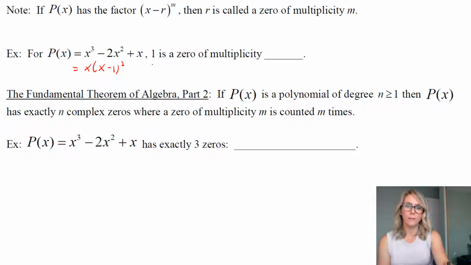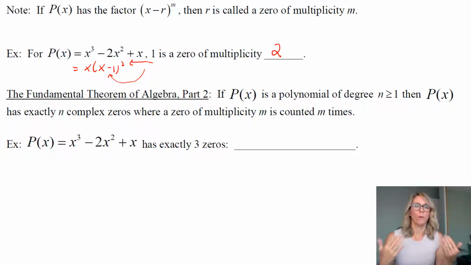Understand that 1 in this case, which as you recognize is coming from this factor here, is a zero. 1 is a zero because it makes it 0, but it's of multiplicity 2. And that's just because there are 2 factors of x minus 1. So that's how we say it's multiplicity, however many you have that are multiplied together. So in this case, 2.